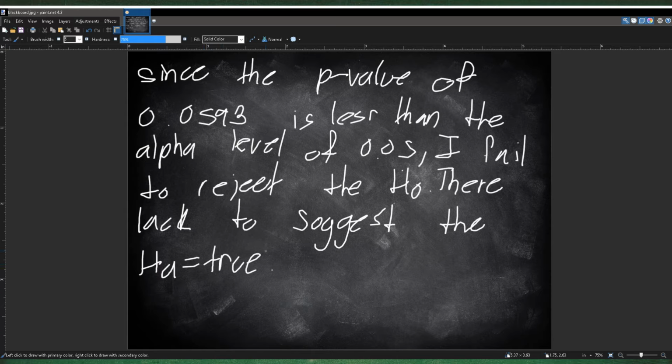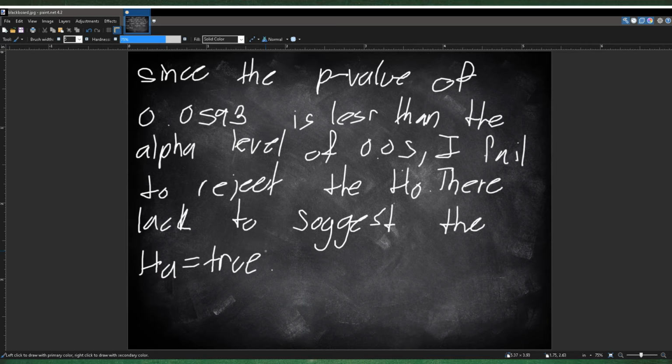So you have to write this in context. So don't write the H0, write actually in words the null hypothesis. So since the p-value of 0.059 is less than the alpha level of 0.05, I fail to reject the null hypothesis that the distribution of the color of chocolate is the same as the company's claim.